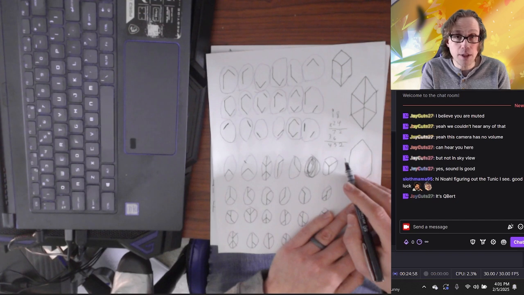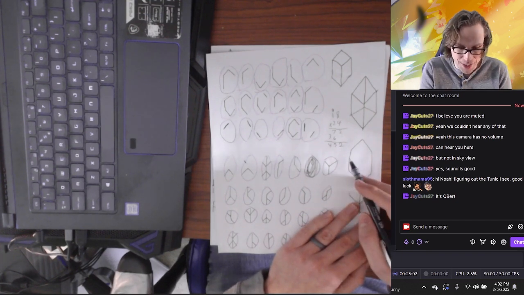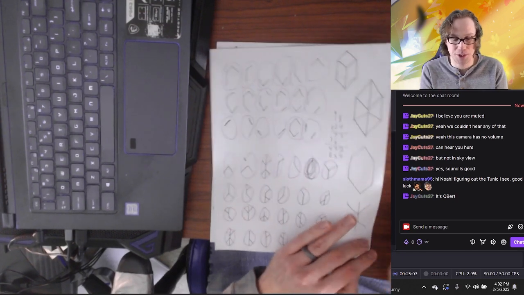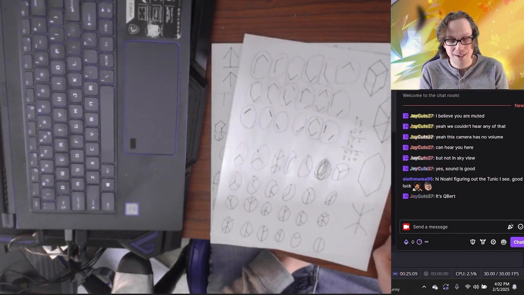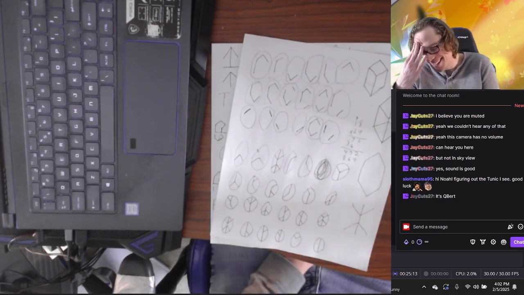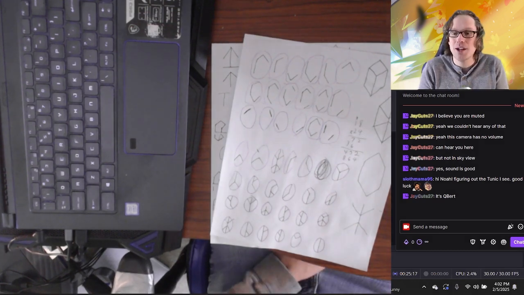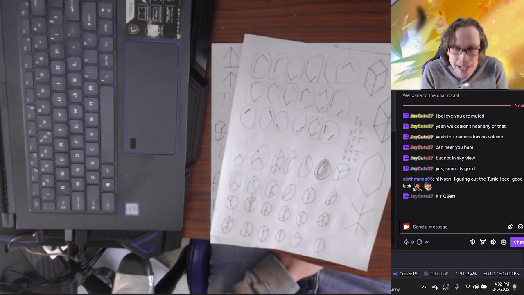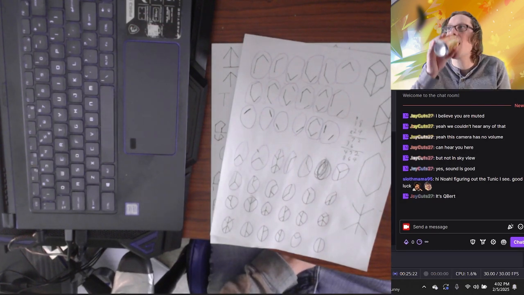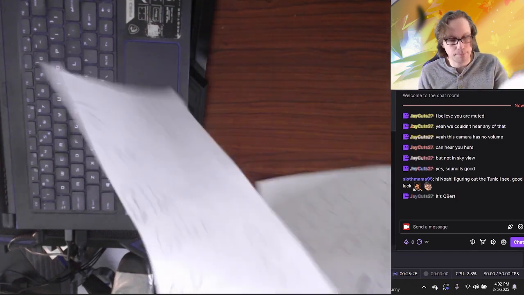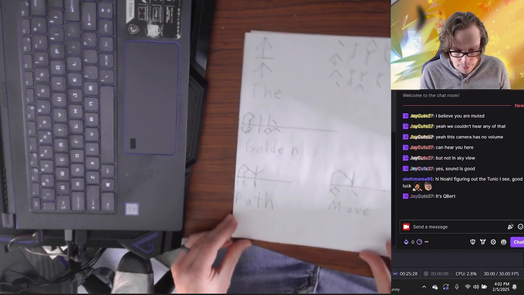If you could then flip them all to be reversed, that doubles that to 864 symbols. Why would you need to do that? Why would you need 864 possible symbols to communicate the English language? I don't get it.